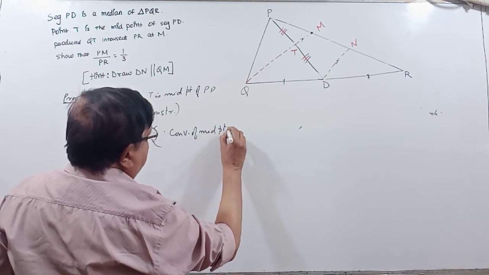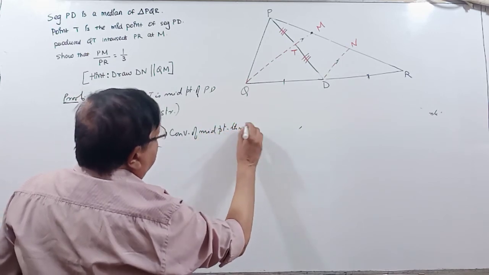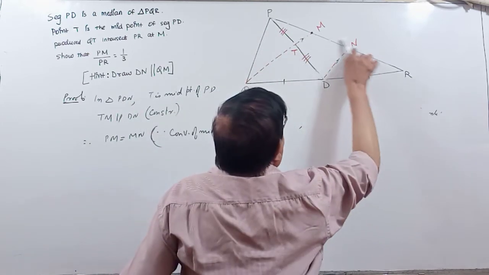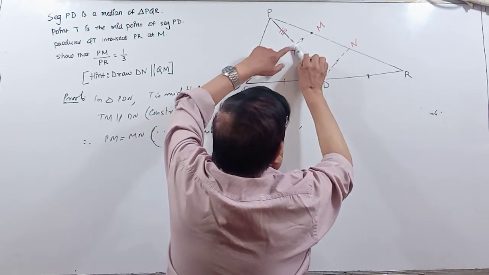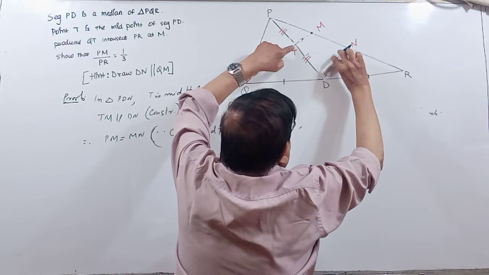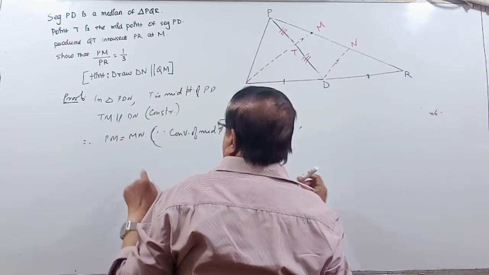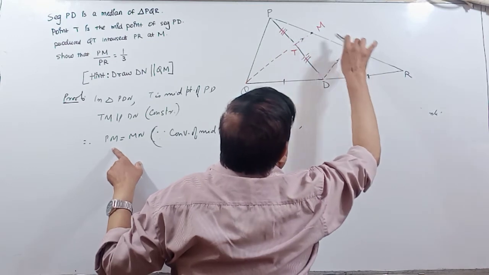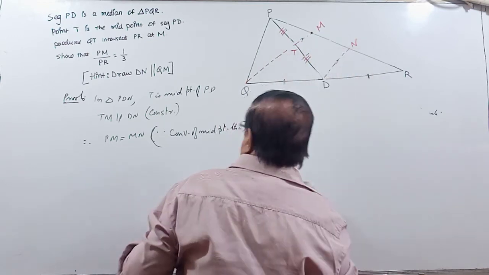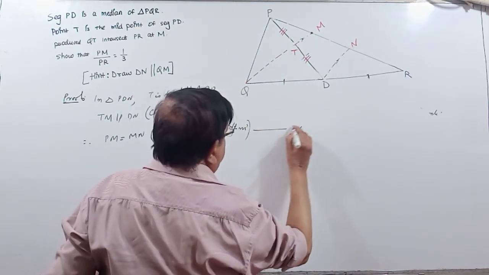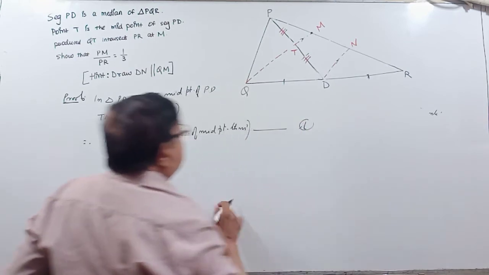See, in this triangle, this is the midpoint, this is parallel to this, so M is the midpoint of PN. PM equal to MN. उसको कुछ नाम दे देंगे 1.